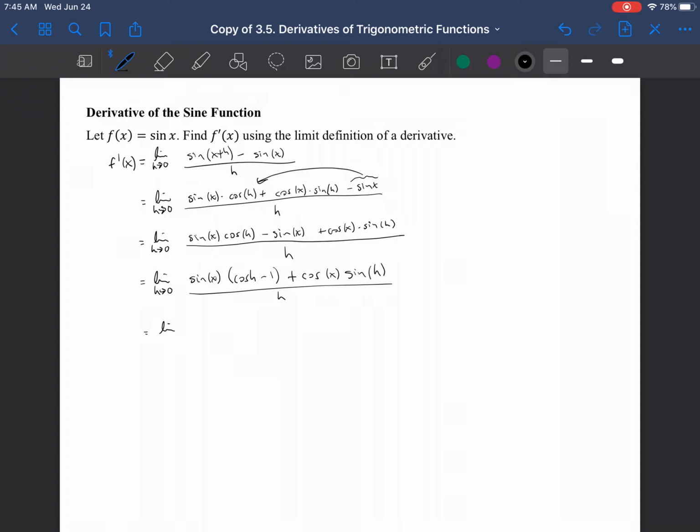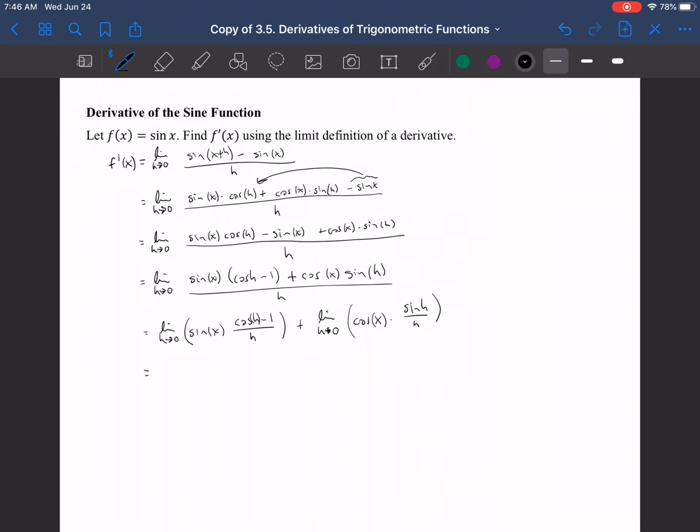So we'll have the limit as h goes to 0 of sine of x times cosine of h minus 1 over h, plus the limit as h goes to 0 of cosine of x times the sine of h over h. Okay, just like that.